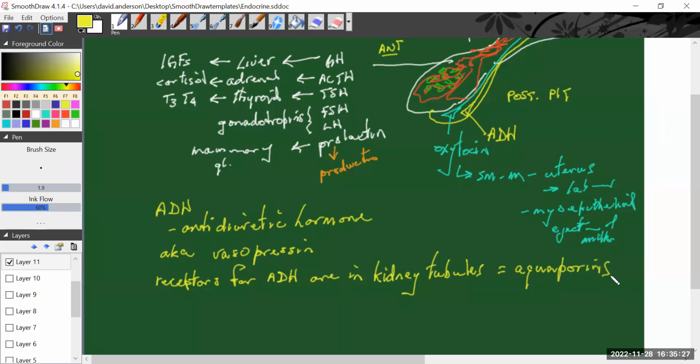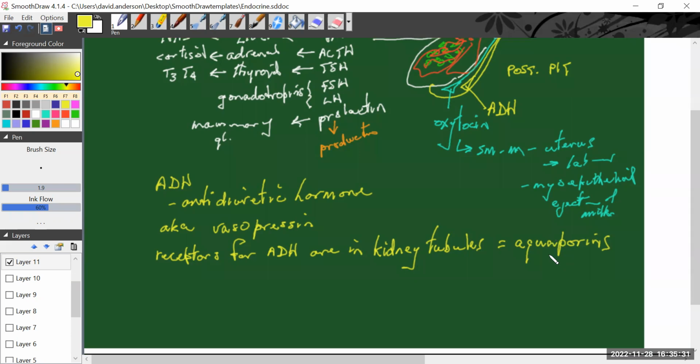That's basically saying they're water holes. In a scenario where we're trying to concentrate the urine or prevent water loss, we increase ADH. So the stimulus would be a water loss scenario. Dehydration would be your classic example.